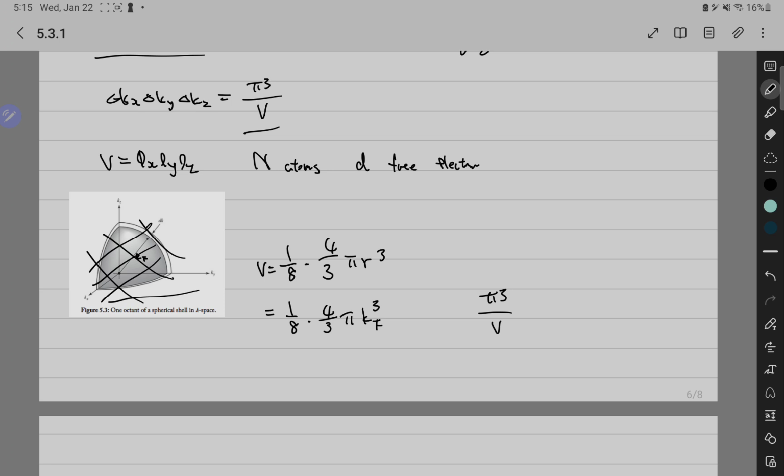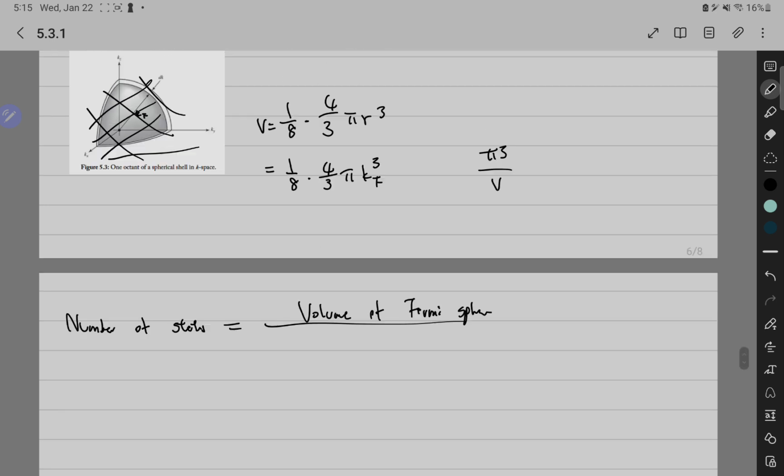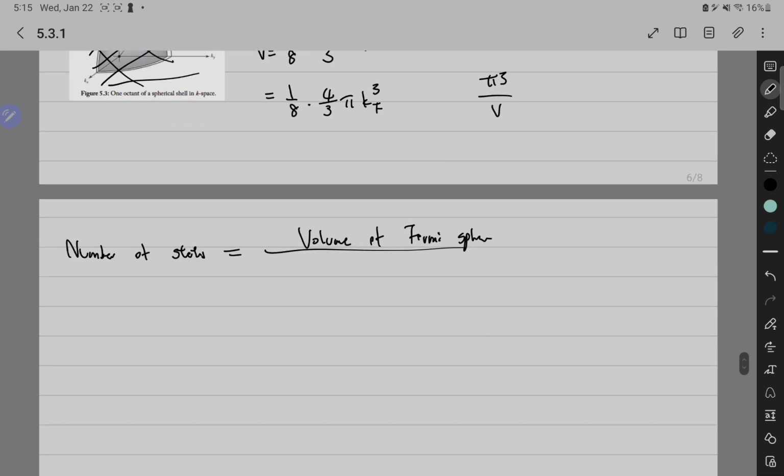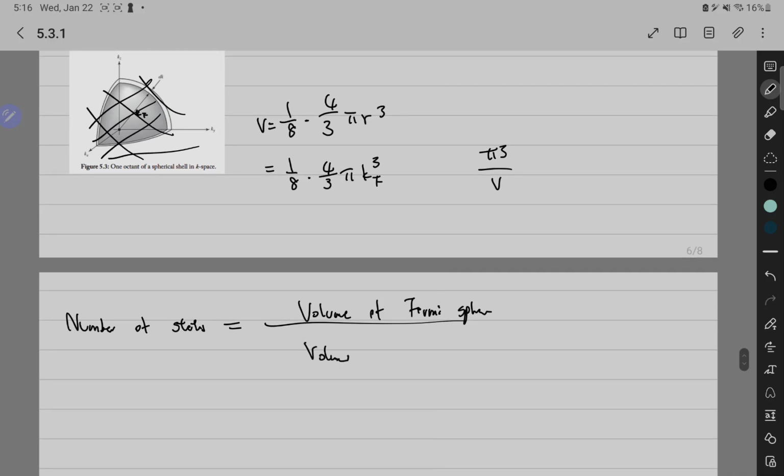Then, if you want to figure out the number of states, let's write it. If I were to ask you to figure out the number of states in this case, it's going to be the volume of the Fermi sphere, the volume of this octant, divided by the volume per state in k-space.